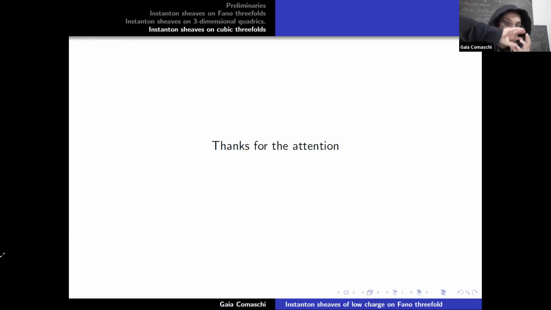When your rank 0 sheaf becomes a degree 3 bundle coming from 3 collinear points, you are moving to the non-instanton components because you lose the vanishing of the cohomology. And when the curve becomes degenerate, you are moving to the instanton component.